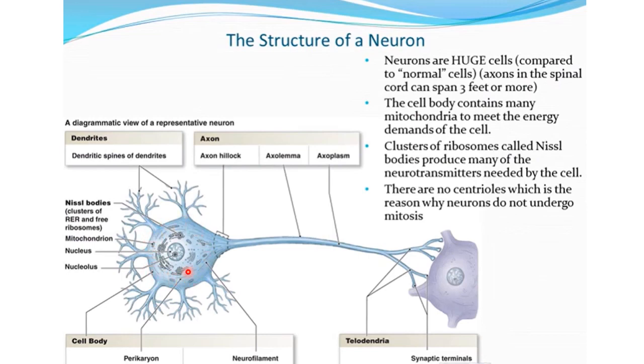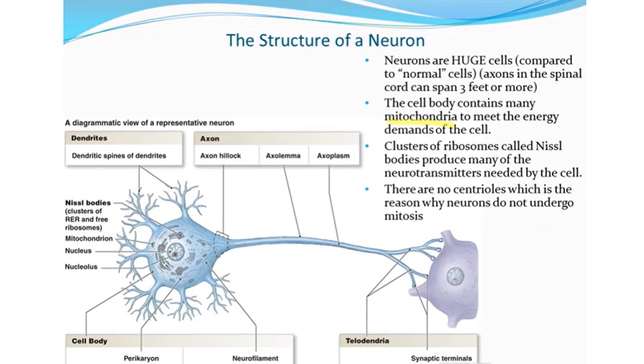So a lot of the activity of the cell that uses up energy has to be close to the area of all this neurotransmitter production. So this is why you're going to find ribosomes and a lot of mitochondria in the body of the neuron.